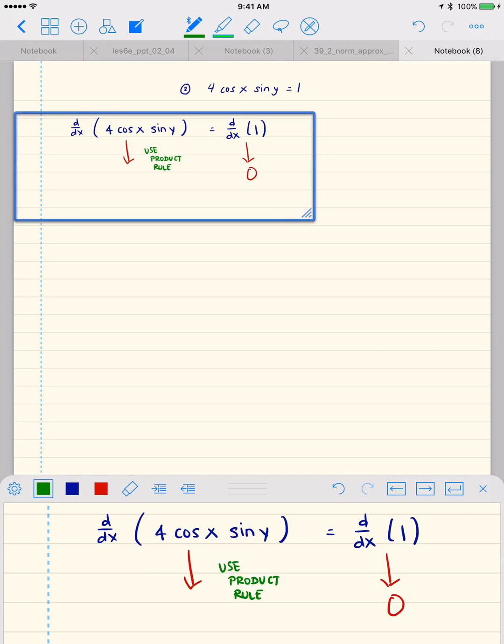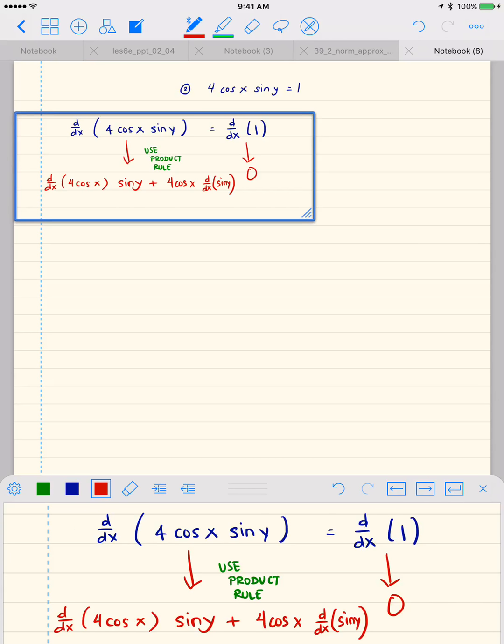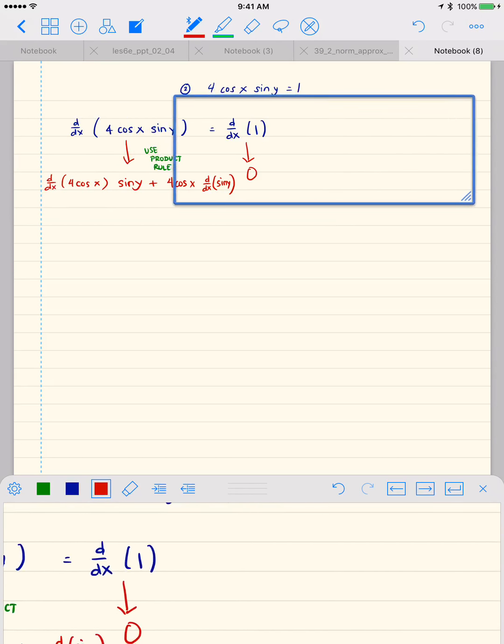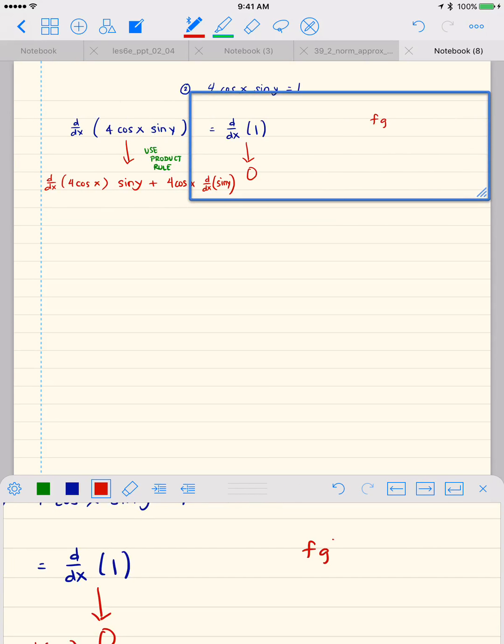And what do I get? I'm going to get the derivative with respect to x of 4 cosine x times sine y plus 4 cosine x times the derivative with respect to x of sine y, right? Because remember, if you have fg prime, it's f prime g plus fg prime.